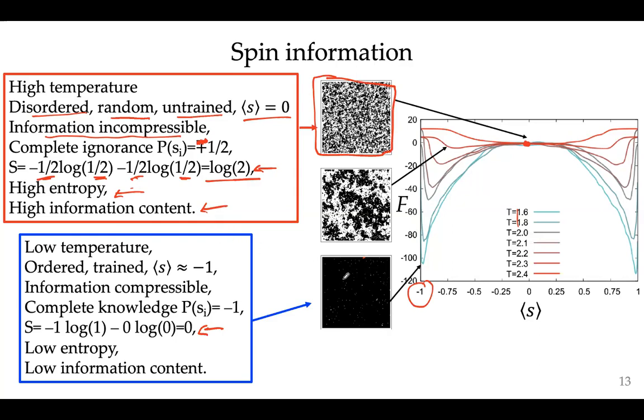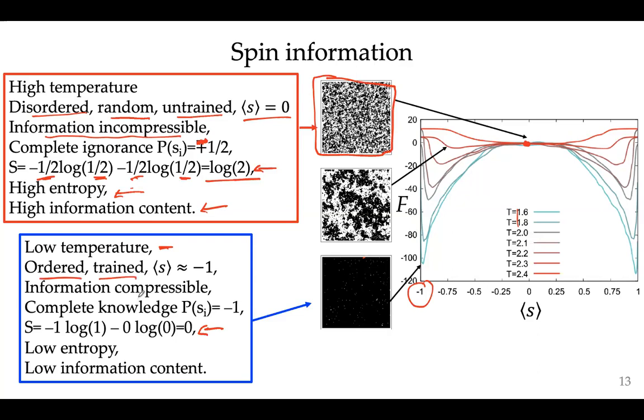Okay, what about the low temperature? So all the spins, at least most of them, are aligned. Maybe there are some spins that are not aligned, but it's either -1 or almost -1. So that corresponds to the low temperature case. It's ordered, it's trained.